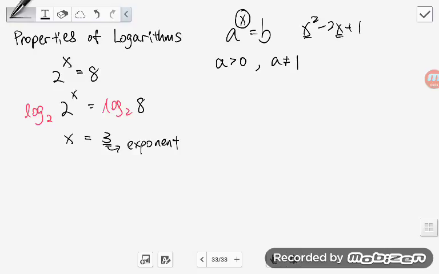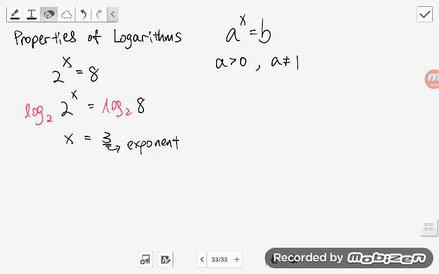Right now, when we talk about exponential functions, my variable is actually the exponent. So most of the time, we do have to find what x is, which is the exponent in this case, and that's when the logarithms come in handy. This is the reason why we need to know about logarithms.